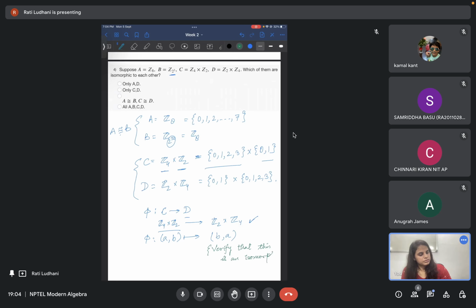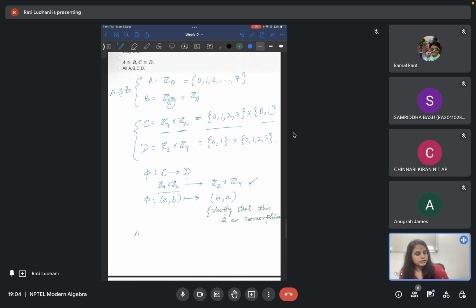Okay, now the question comes. Now you know two things: A is isomorphic to B and C is isomorphic to D. Now you need to check if there is any relation between these two, like either B is isomorphic to C, or it's just enough, you can take anyone here, and you need to check if these are isomorphic or not.